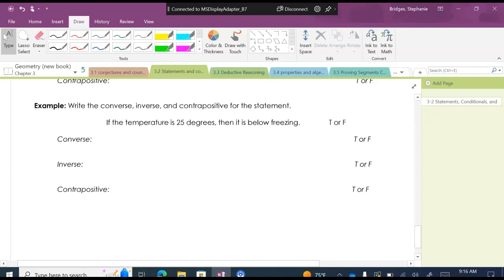So what would my converse say? Well, first of all, let's scratch that. My original statement says if the temperature is 25 degrees, then it is below freezing. Is that true or false? That is true. Below freezing is below 32 degrees, okay? So what would my converse say?